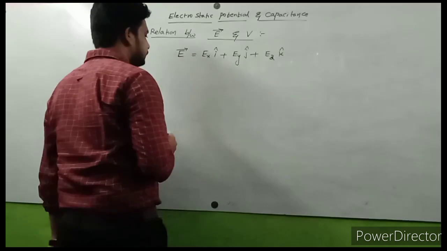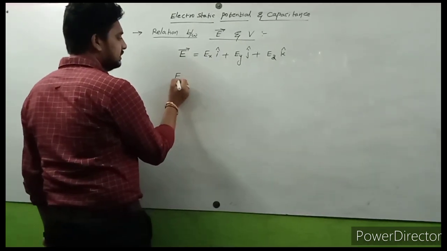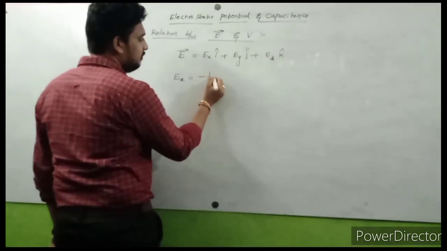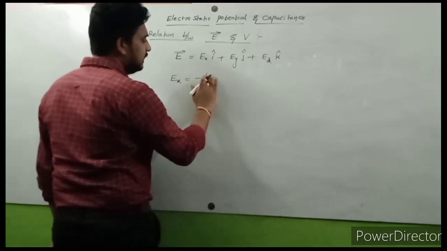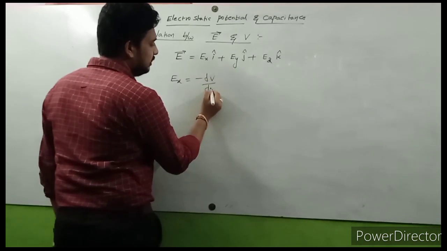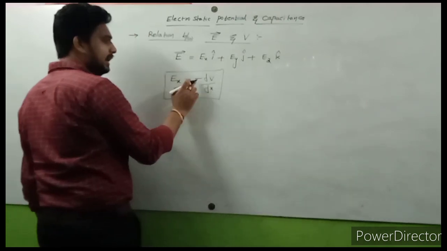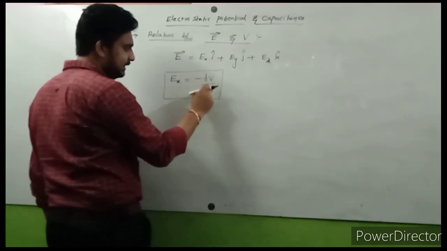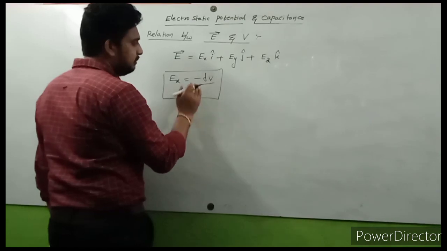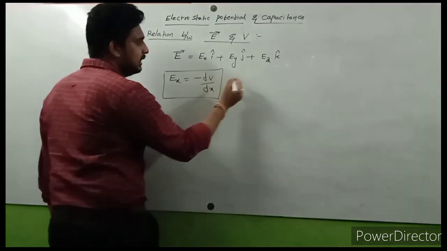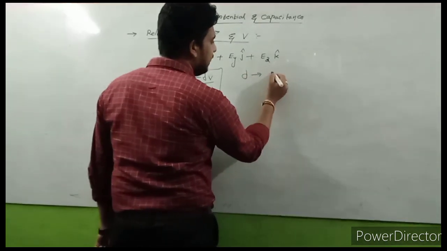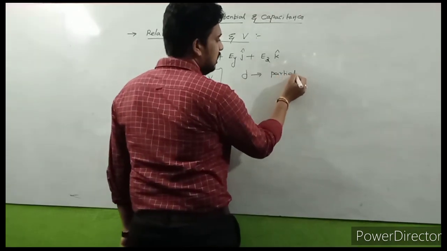Okay. So now here Ex means minus of dou V by dou x, because you know electric field is negative of potential gradient. Here dou is nothing but partial differentiation.